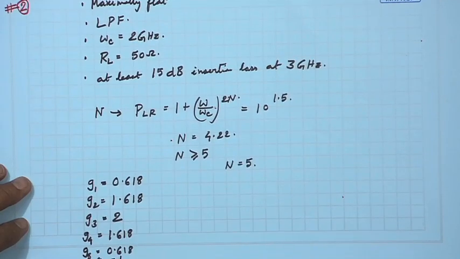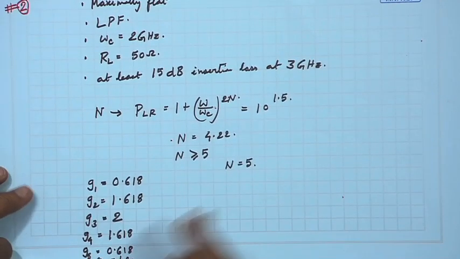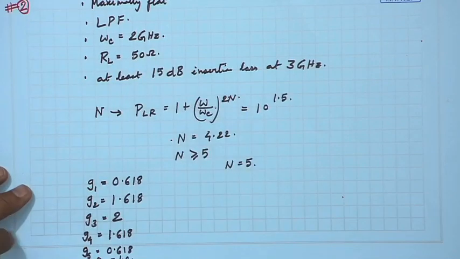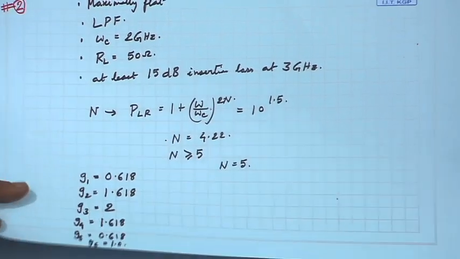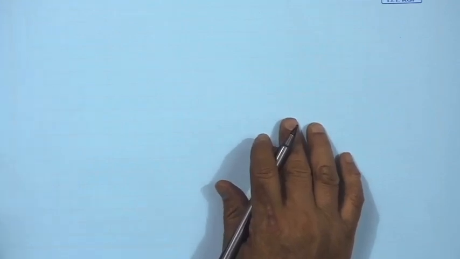G6 is equal to 1.0. Now, you scale up from these values, the first value.